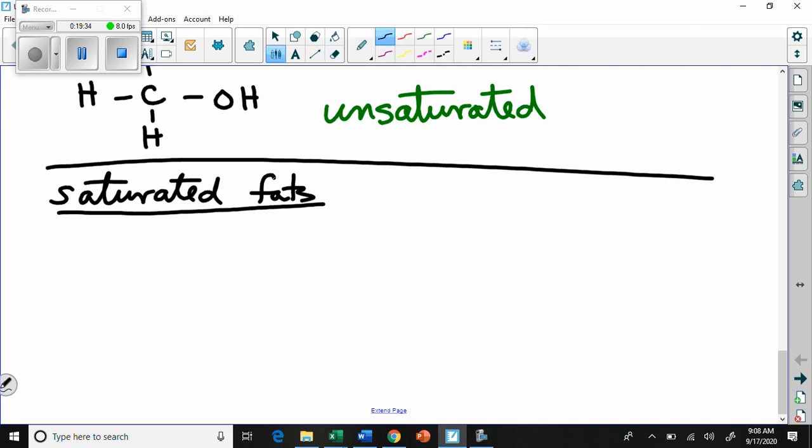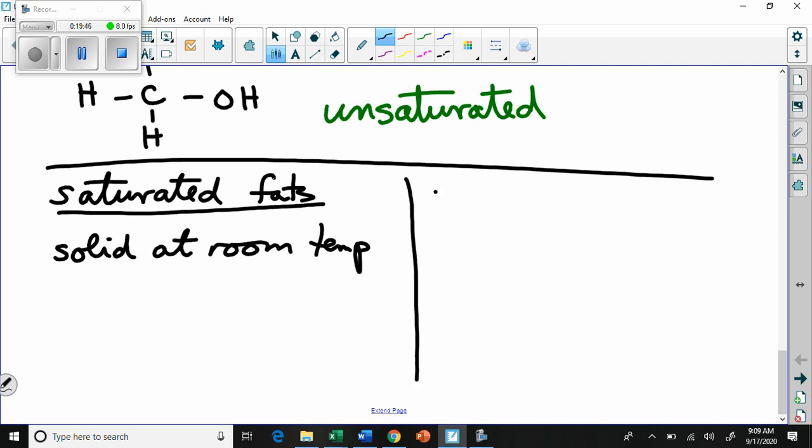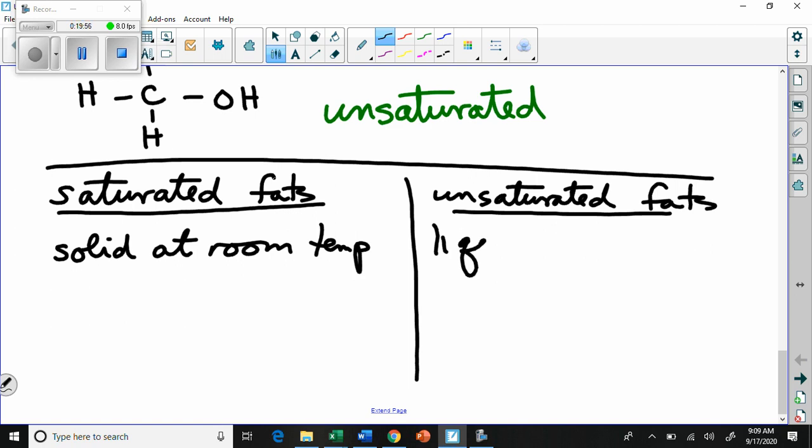That's an easier way to say it. They're solid at room temperature. Whereas unsaturated fats tend to be liquid at room temperature.